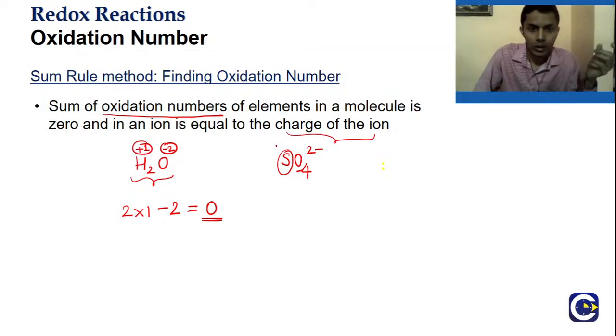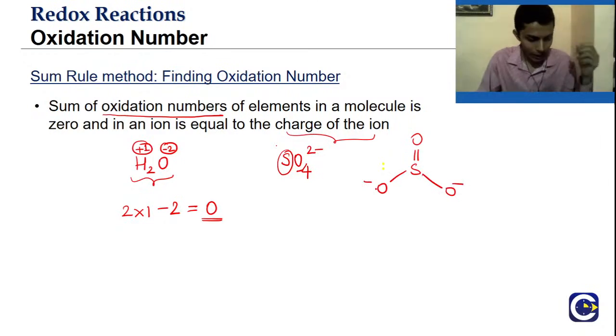If the compound is something like this, S double bond O minus, O minus, would anyone like to tell what the oxidation number of sulfur is in this? Try to break all the bonds and tell me what the oxidation number of sulfur could be, which we did last class.